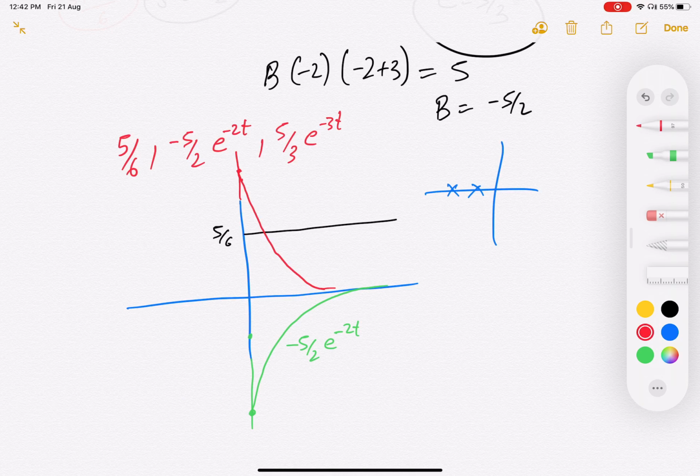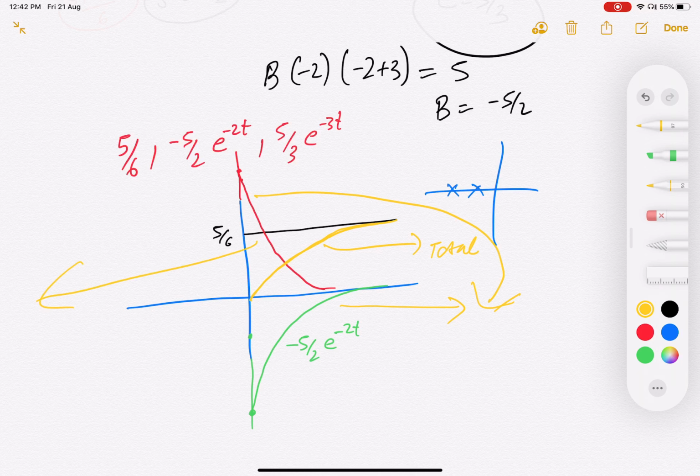If you add them up, you should get something like this, something that finally becomes equal to 5 by 6. So this is the total response. These are your natural responses, and this one in black is your forced response.